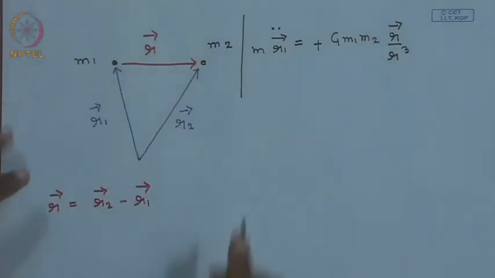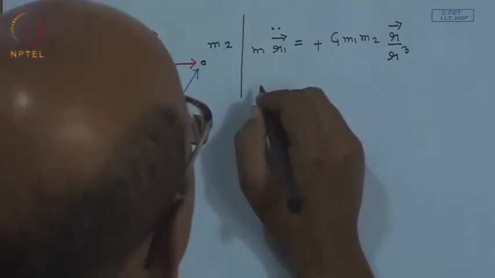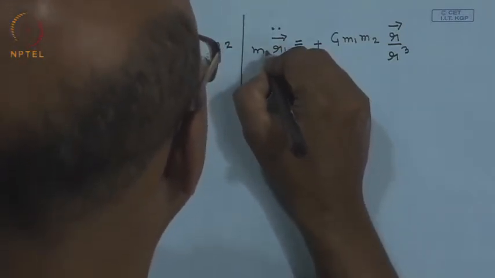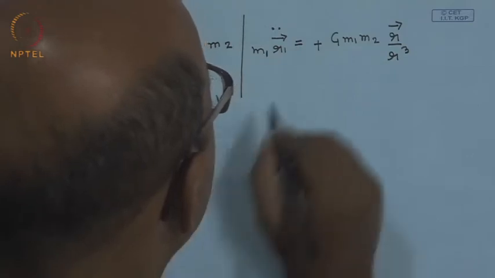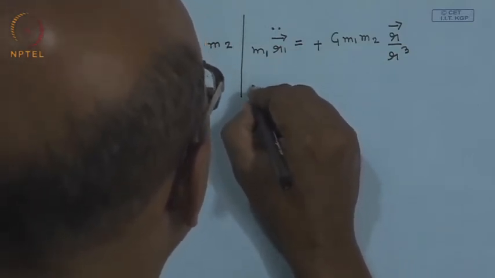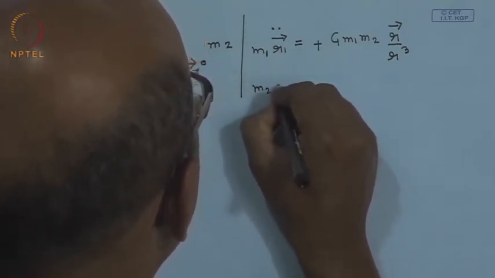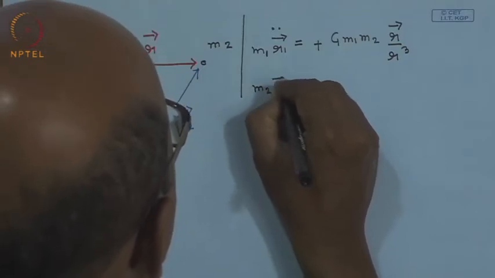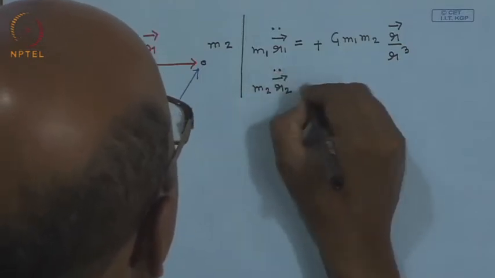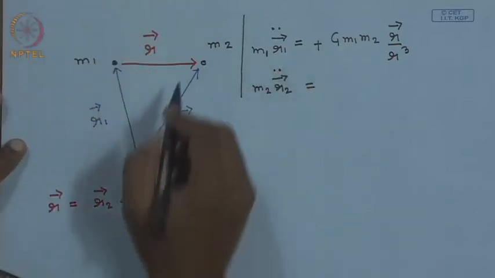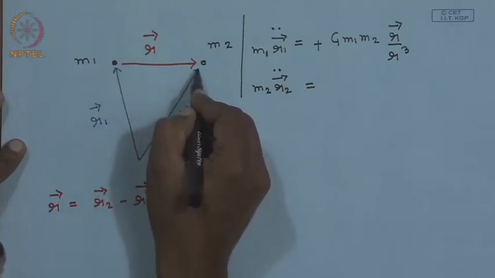Similarly, I can write down the equation of motion of the second particle. So, the equation of motion of the second particle will be m2 r2 double dot is equal to, now this force will be opposed to r.